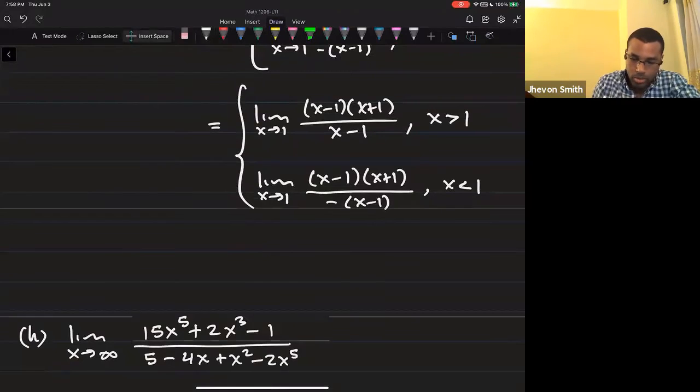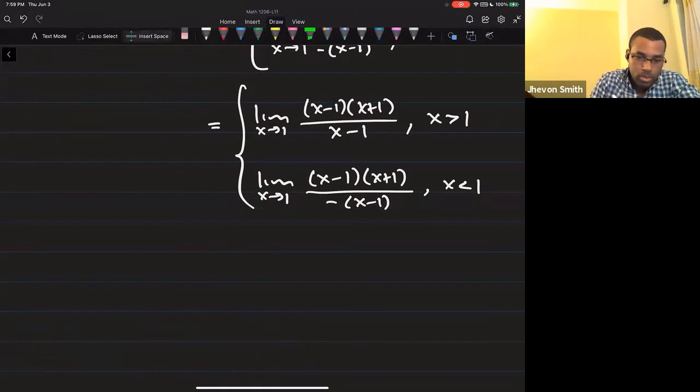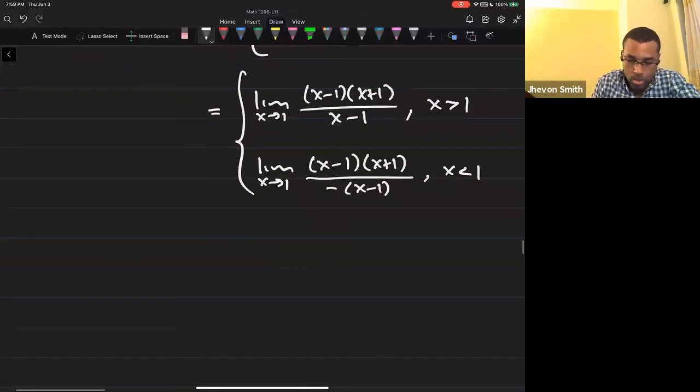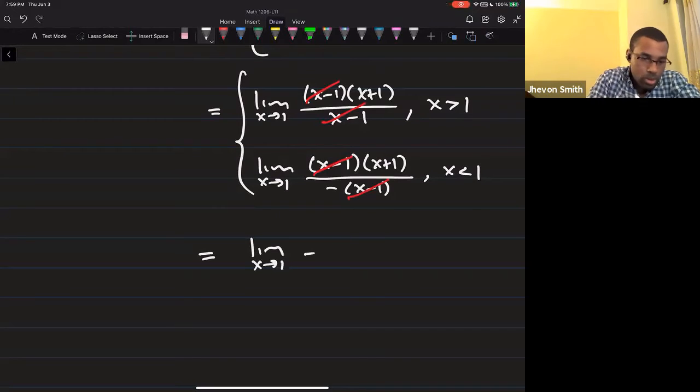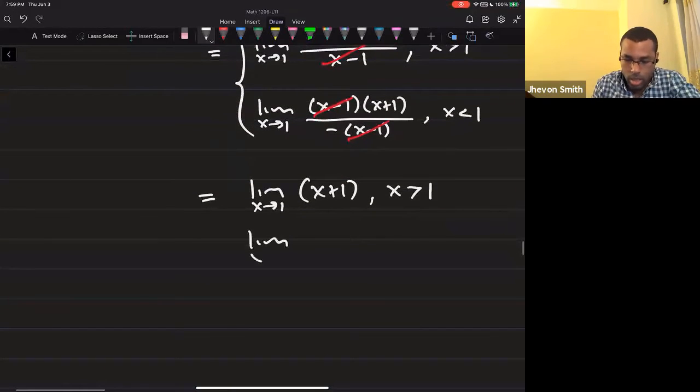Oh, look at that monstrosity. And so that's going to simplify. So this will be the limit as x approaches 1 of x plus 1, and the limit as x approaches 1 of minus x plus 1.